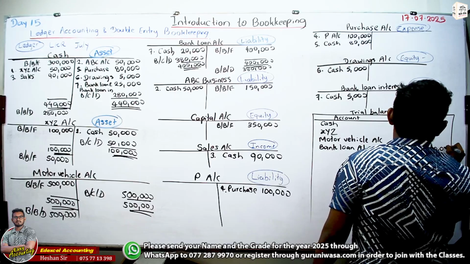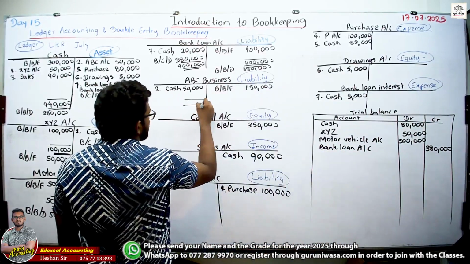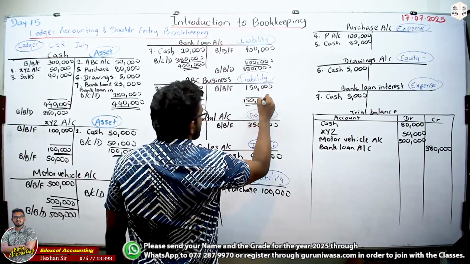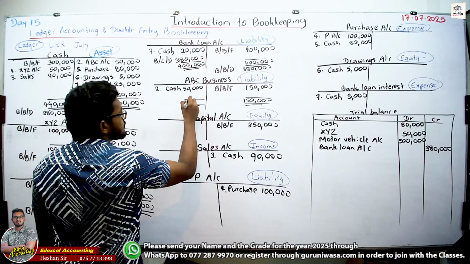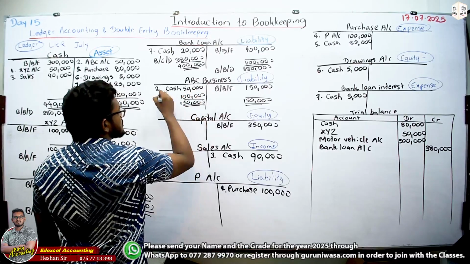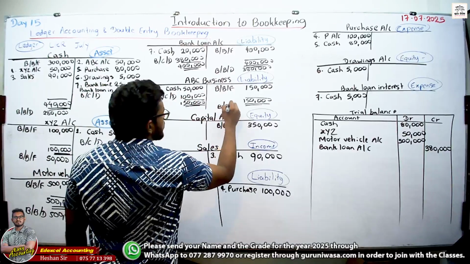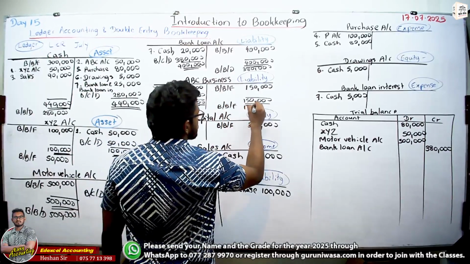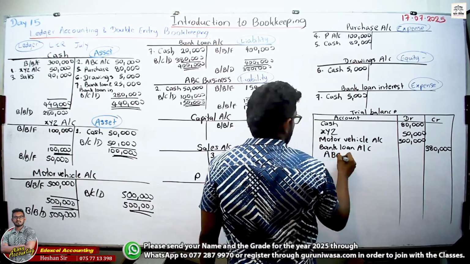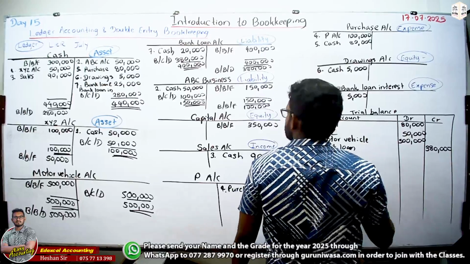And then when we see the ABC business account, 150 credit side, here also 150. 150 minus 50,000 means 100,000. Balance carried down, balance brought down. It's 100. Since it is a liability account, ABC business account, we write credit.